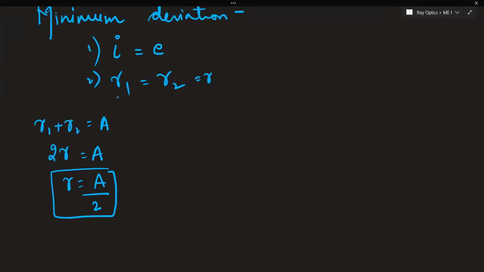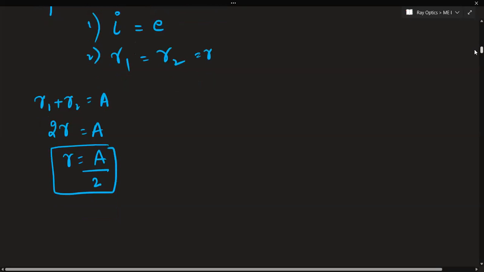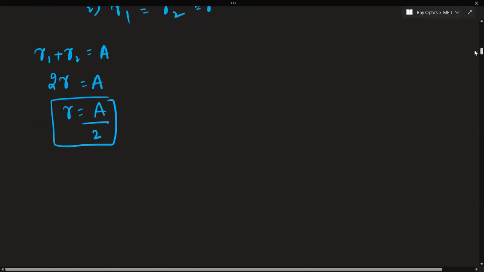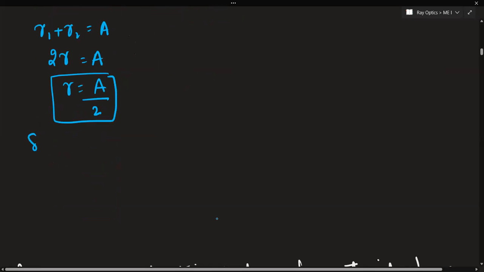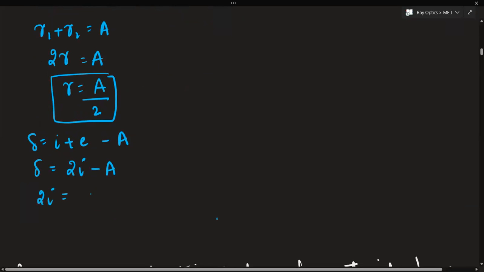Now coming to the other formula which we had concluded, delta is equal to I plus E minus A. From here I can write delta is equal to 2I minus A, because I and E are both the same. This was the second condition. So 2I will be equal to delta plus A, and the angle of incidence will be equal to (delta plus A) by 2.